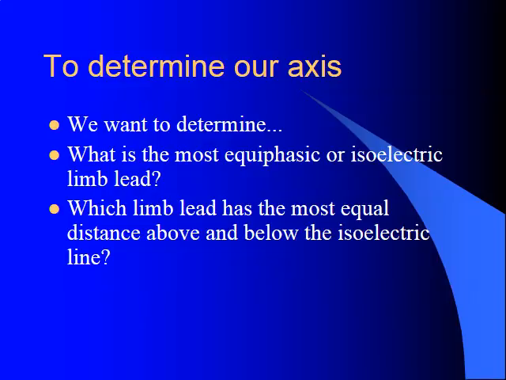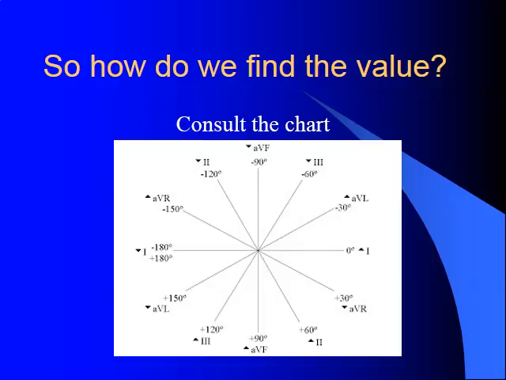To determine our axis, we determine what the most equiphasic limb lead is. It's the lead with the most equal distance above and below the isoelectric line on our QRS complexes. To determine our value, we're going to consult our chart. Like we said, lead 3 is the most equiphasic, so we want to look for the lead that runs perpendicular to lead 3. This is the line on which the electrical axis is traveling.